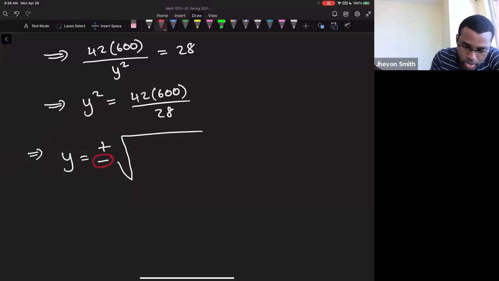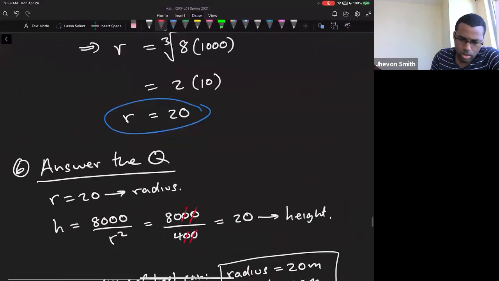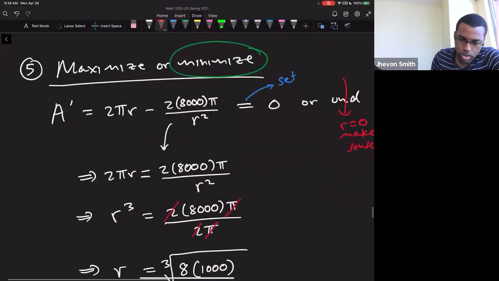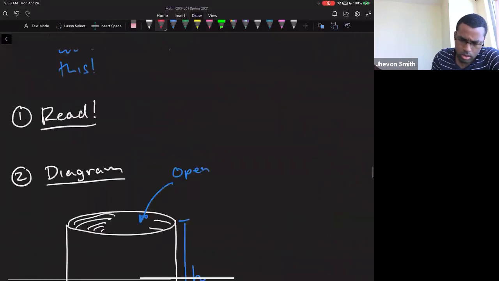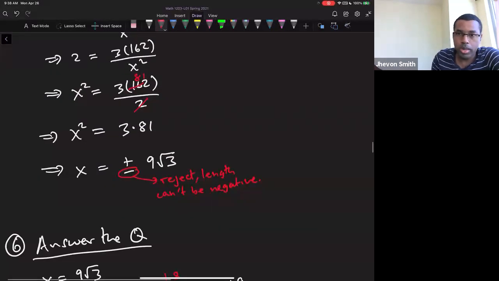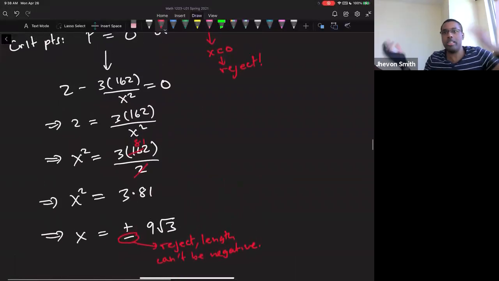Technically, this is a plus or minus, but of course you reject the minus. Cube roots would root the same sign. Yeah, I did do the plus or minus. Just because it doesn't mean we could.